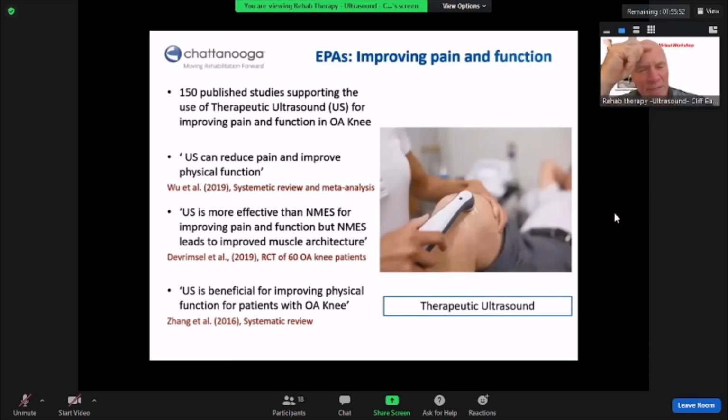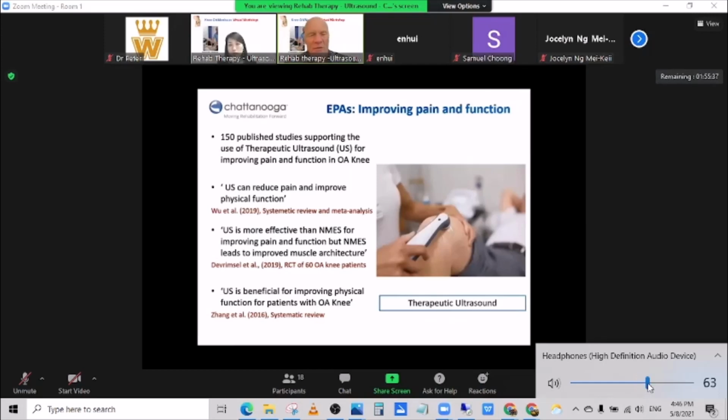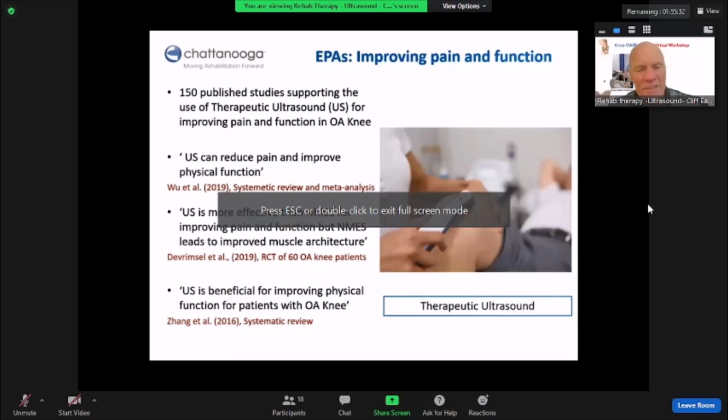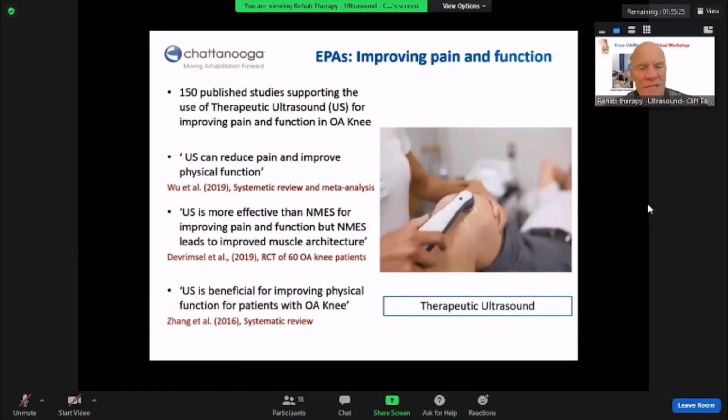The second, by De Vrinsel et al. 2019, found ultrasound could be more effective than muscle stim for improving pain and function, but muscle stim leads to improved muscle architecture, and I'll explain a bit more about that. And ultrasound is beneficial for improving physical function for patients with knee OA, according to Zhang et al.'s systematic review 2016. So we've got a lot of good quality evidence out there.